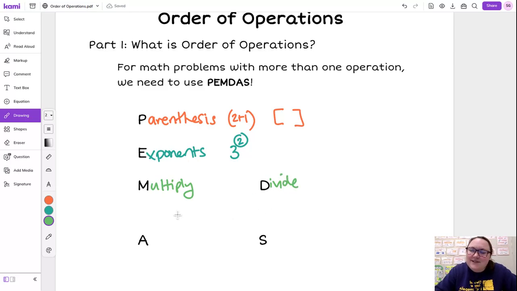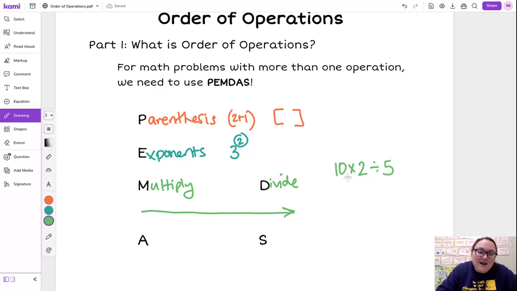And so the next thing you look for in these math problems is any multiplication or division. The part with order of operations in PEMDAS that gets forgotten the most is that if you have both of these, you always start with whichever one is on the left and go right. So for example, if I gave you the problem 10 times 2 divided by 5, I have both, so I would go left to right.